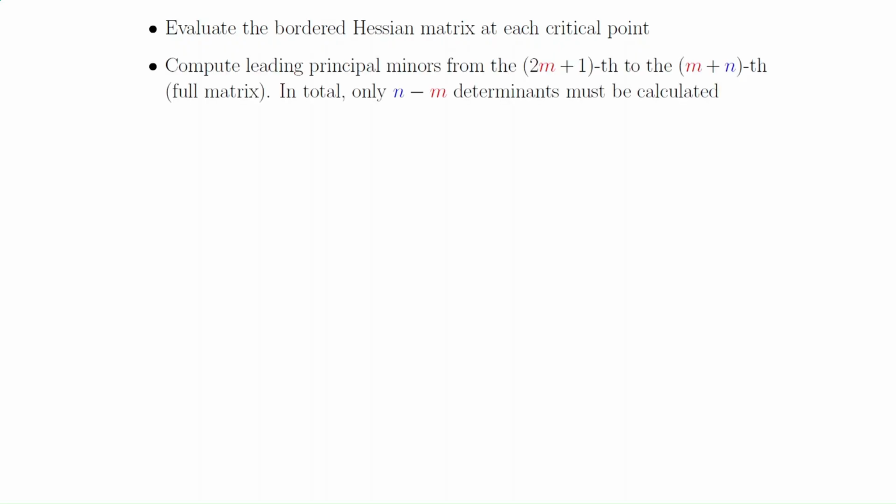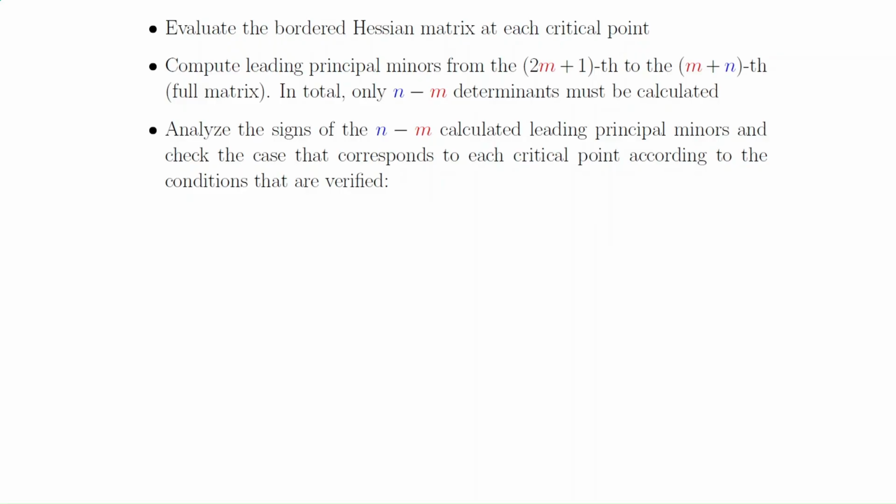Then you have to compute the leading principal minors between the one of order 2m plus 1 and the one of order m plus n. This makes a total of n minus m leading principal minors to calculate. And by the way, we only care about the signs of these calculated leading principal minors.